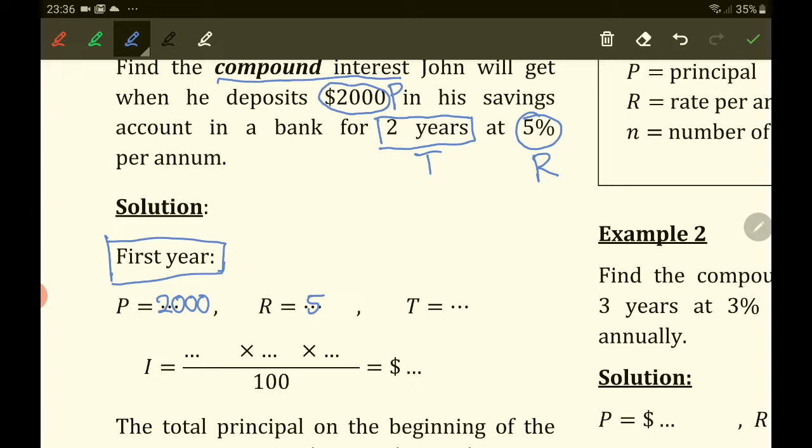In the first year, you have only 1 year, right? So T here is not 2, but 1, because you're looking at the interest for the first year. The number of years is 1, of course.